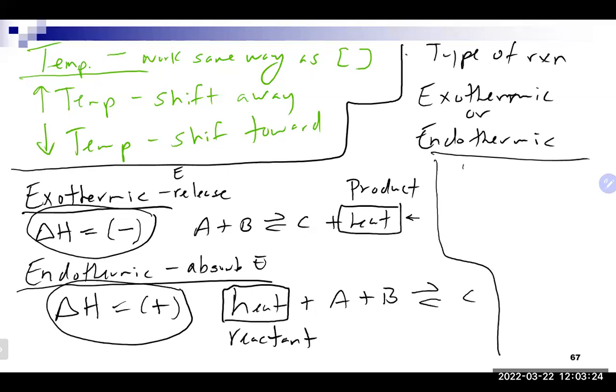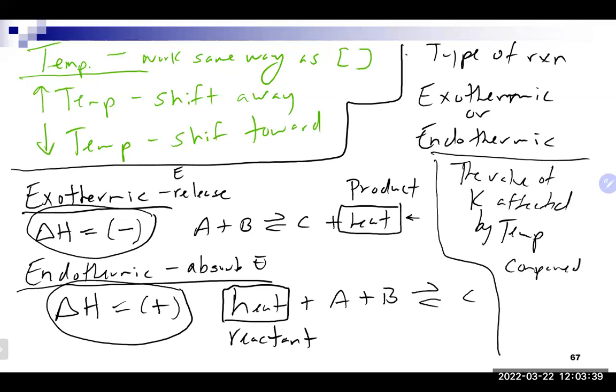Again, this is the one area that, as we talked about, actually does affect the value of K: K is affected by temperature. What we talked about is, if you compared the K value at 25 degrees Celsius to the K value at, say, 50 degrees Celsius, the comparison will yield you a different K value.